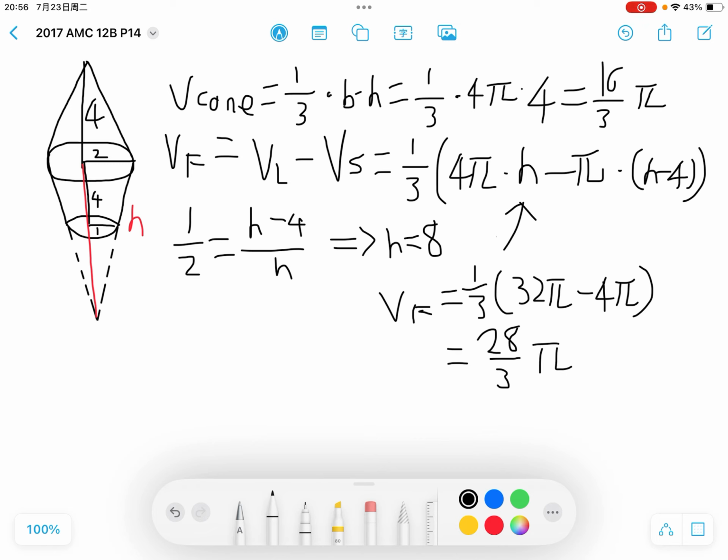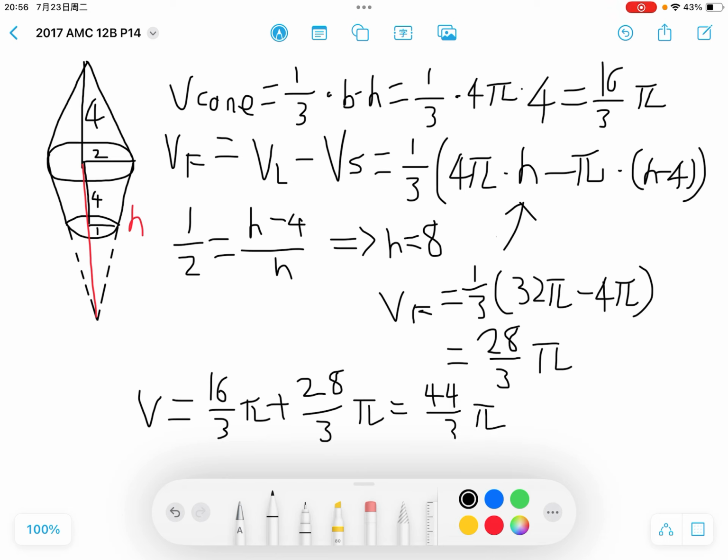So now our volume for the whole ice cream novelty item is the volume of the cone plus the volume of the frustum. So we have 16/3 pi plus 28/3 pi. That gives us 44/3 pi. And that indeed is in our answer choices.